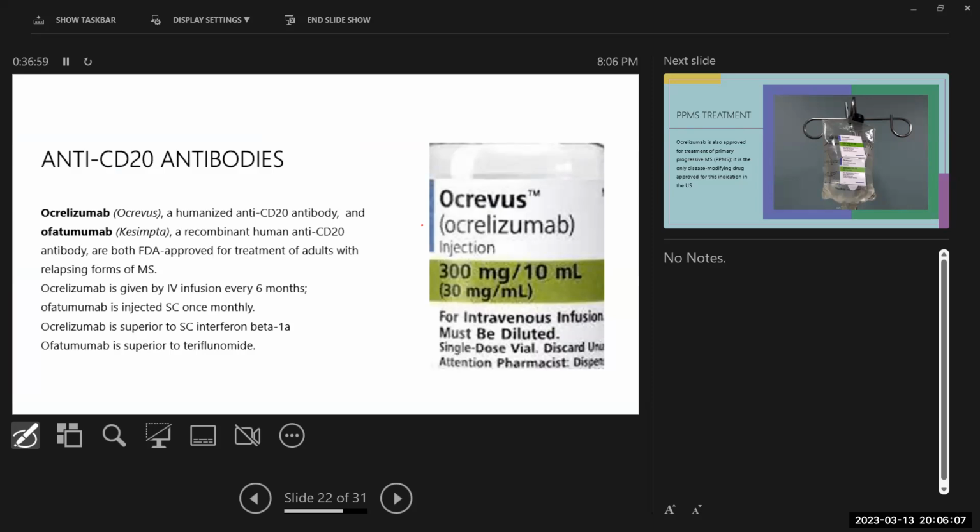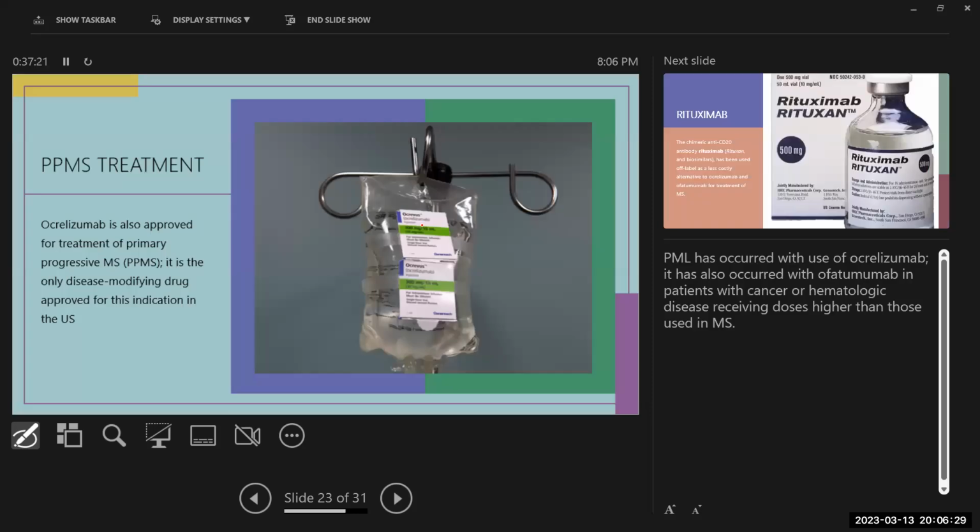So ocrelizumab is given twice a year by IV. Ofatumumab is given once monthly and is given subcutaneously so the patient can self-administer it. Comes in injector pens. Ocrelizumab is approved for primary progressive MS, only approved drug for primary progressive MS.